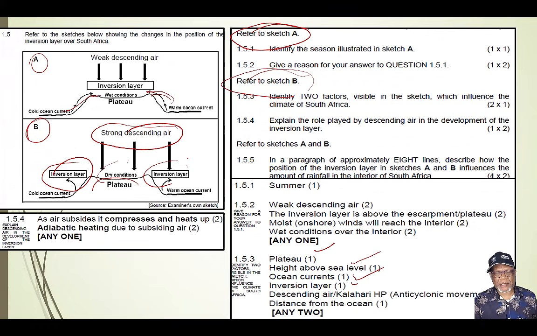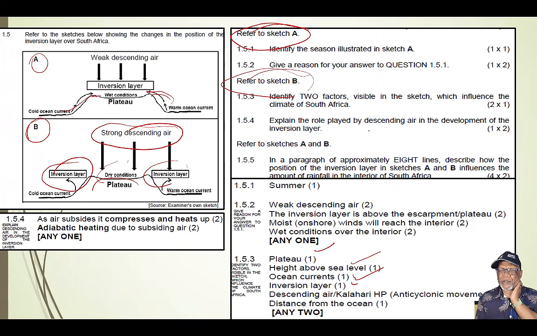You can see everything here. So the examiner wanted to give you 3 marks, but you'll find that some people are not getting it right because they will not read. This is just 3 marks, just free marks.